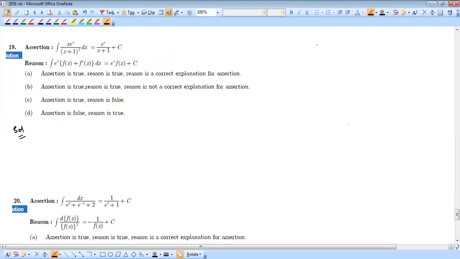For example, here the integral of e power x by x plus 1 whole square dx, multiplied by x, is equal to e power x by x plus 1 plus constant. You may think this question is something different, but it is nothing different. It is in your textbook. What I am doing: in the numerator, I add and subtract 1. It is x plus 1 minus 1 divided by x plus 1 whole square dx. Then I split it as x plus 1 by x plus 1 whole square minus 1 by x plus 1 whole square dx.